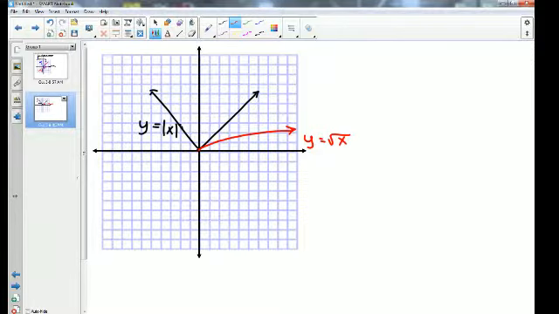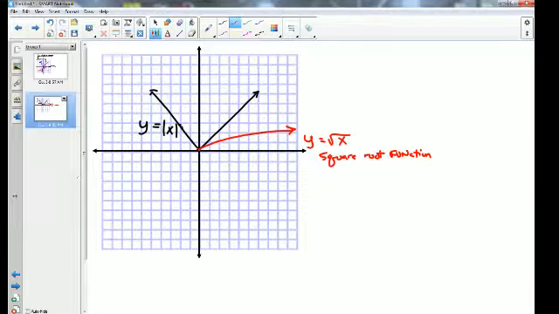It's a square root function. Okay? And again, if you run into these and you don't know what they look like, you can always graph with the table. What's the square root of 0? 0, 0. Square root of 1? 1, 1.